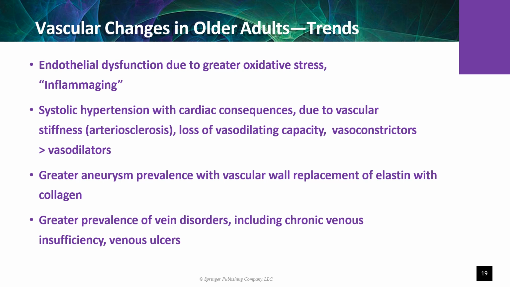Blood vessels are dynamic structures that are remodeled by complex pathways throughout the lifespan. Remodeling of the vascular system with aging influences both the structural and functional changes of nearly all the other organ systems in the body, especially the heart. Two major changes that occur in the arteries due to aging are endothelial dysfunction and increased arterial stiffness, or arteriosclerosis.